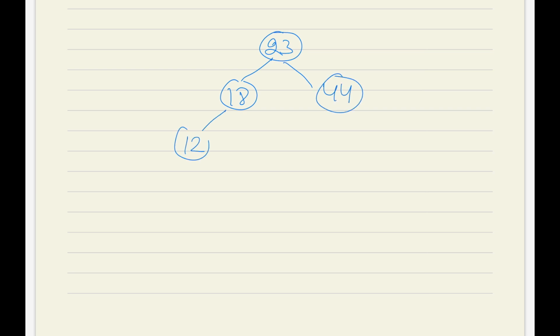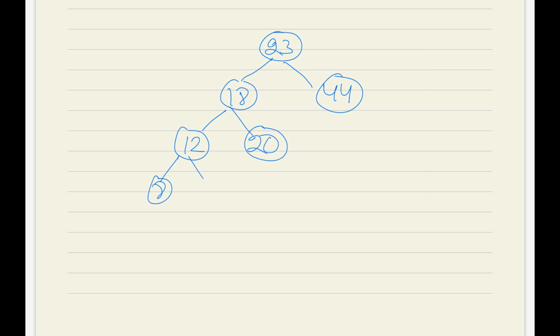Now consider one height balanced binary search tree or one AVL tree. So like this. So at the root it is 23, 18, 44, 12, 20.